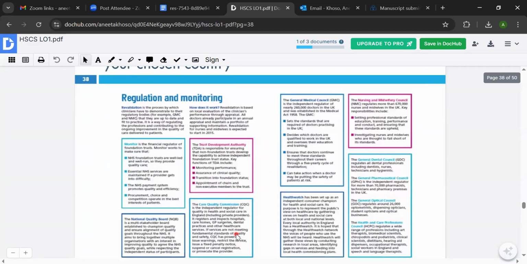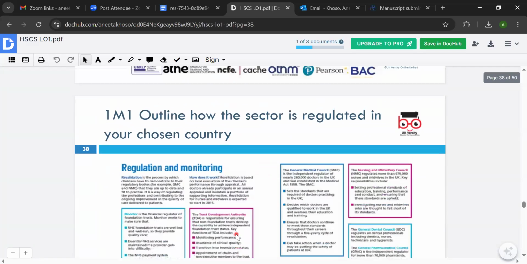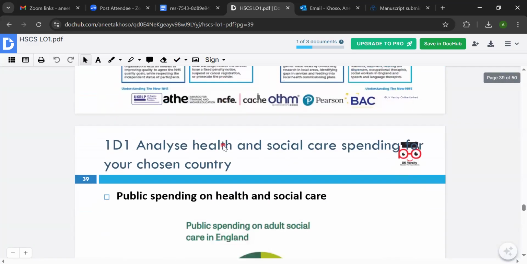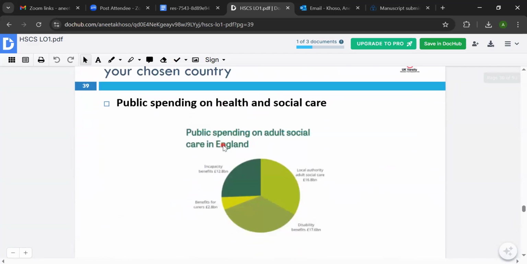Okay, so this is a cutting taken from your article snapshot. Just have a look at it. It's there on your Moodle website as well. Public spending on health and social care has been mostly on adult social care in England.